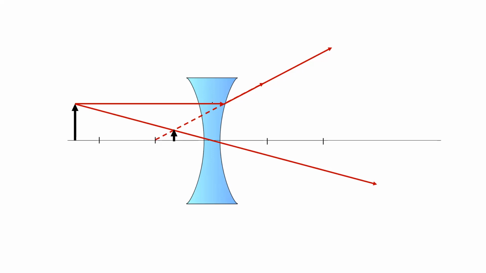Because cahaya sebenar, the real light is going up. It's not coming back. So this image was made up by pulling back this line, which is not real.